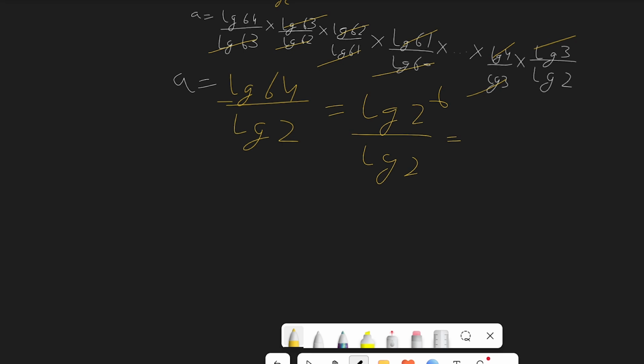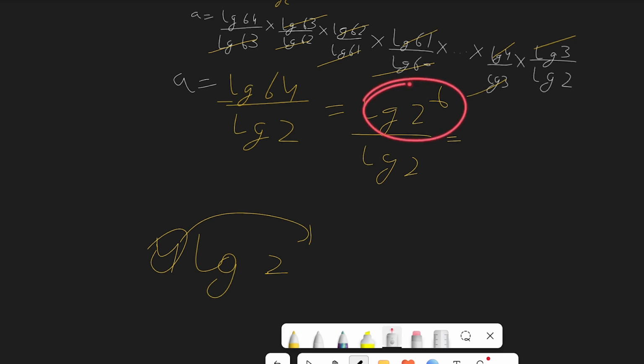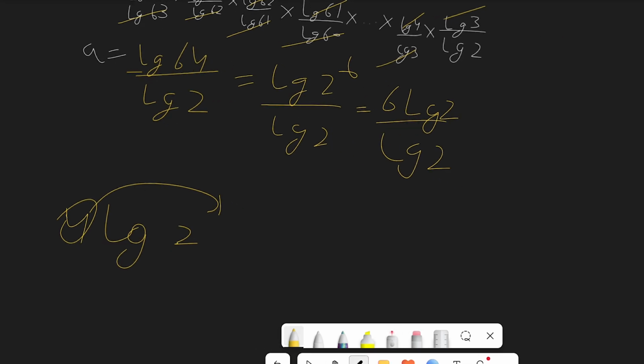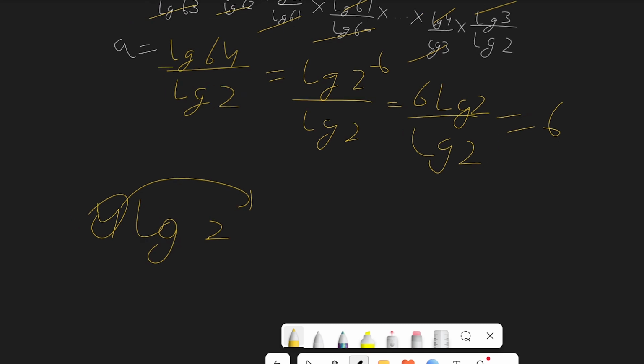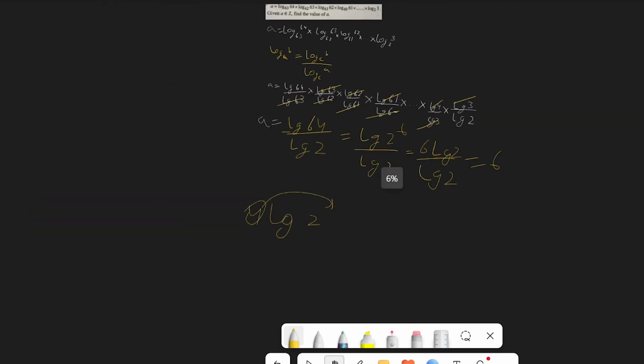As we saw, when a log has a power, it becomes the coefficient, so we have 6 LG2 over LG2. LG2 cancels out, so the answer we have is 6. So a is equal to 6.